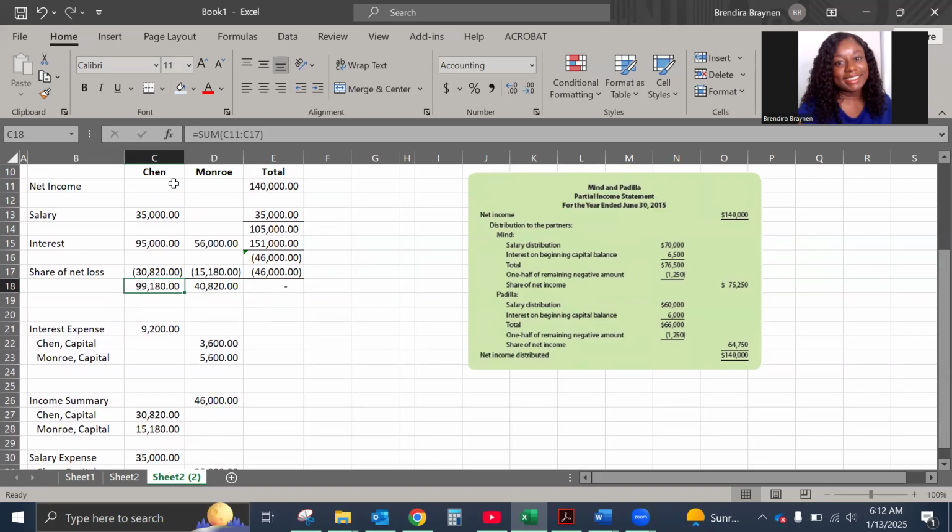And so the end result is that the share to their account, yes, they still share on this 140, but it's shared differently. Now it's a different amount. And so when that does happen, that doesn't necessarily mean you're incorrect. It just means that there's a loss left over that needs to be now allocated.